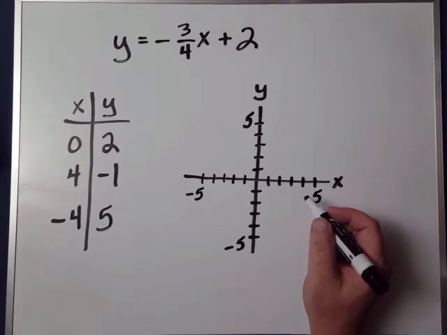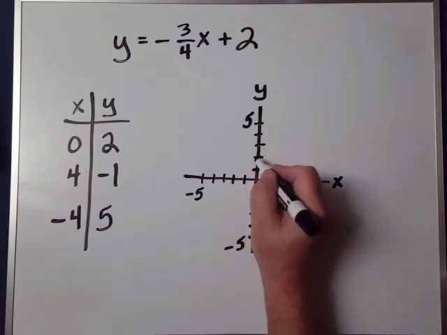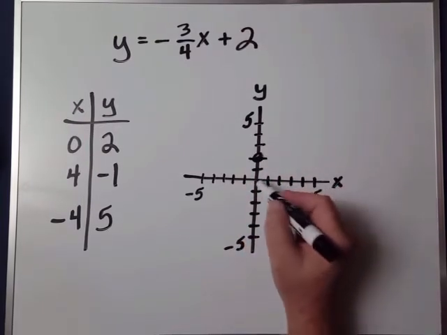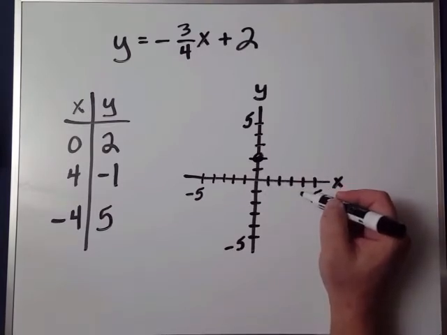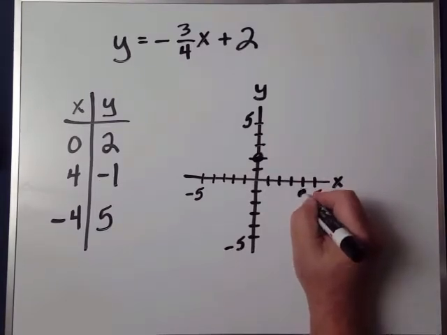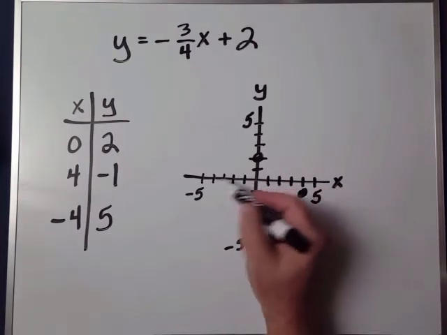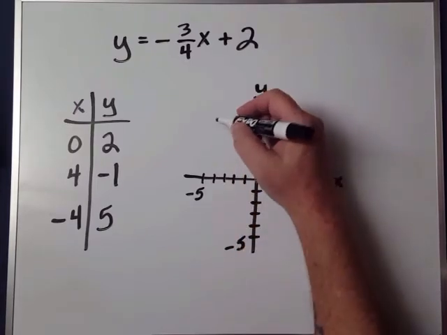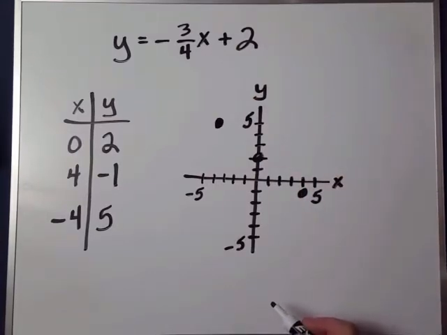The point (0, 2). No motion in the x direction, up to 2 on the y-axis. That's our y-intercept. The point (4, negative 1). Over to 4, down on the y-axis to 1, here in the 4th quadrant. And the point (negative 4, positive 5). Back to negative 4 in the x direction, up to positive 5, there in the 2nd quadrant.